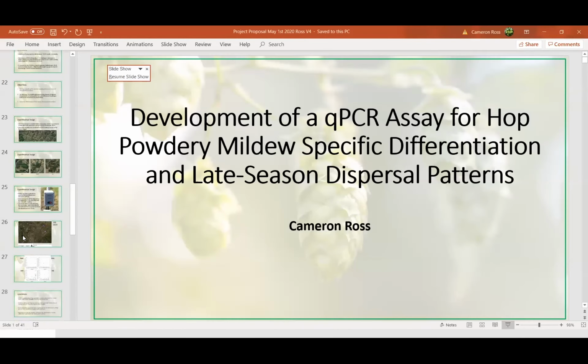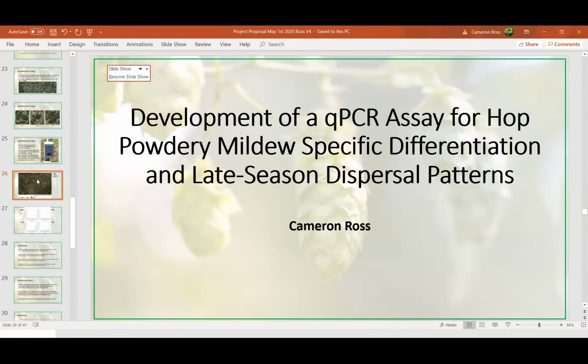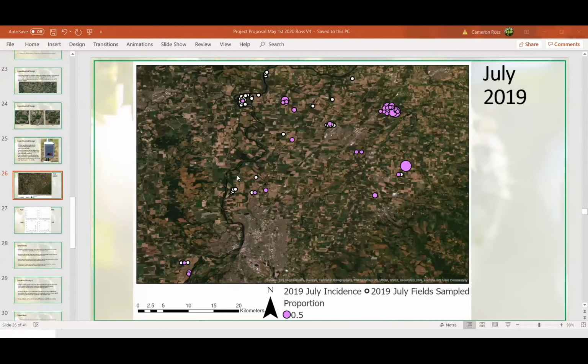So when we're looking at this 2019 map here, the disease we're seeing over in that western area, they have a bunch of different cultivars ranging from Nugget to Perle to Willamette to probably 10 or 12 different cultivars. And that's part of the reason we chose Nugget, because we are consistently seeing disease on Nugget due to its susceptibility.